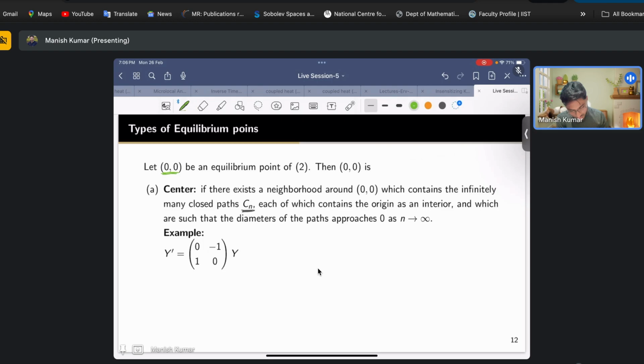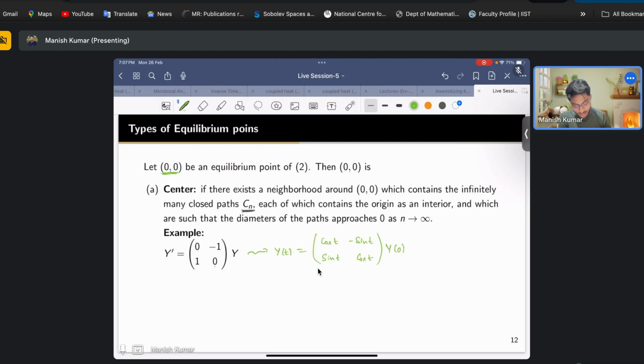Here we know that the solution y(t) is given by e raised to the power 0t, which is 1, so we'll remove it, and then we have the matrix cos t, minus sin t, sin t, cos t. This is the expression of the solution that we have.